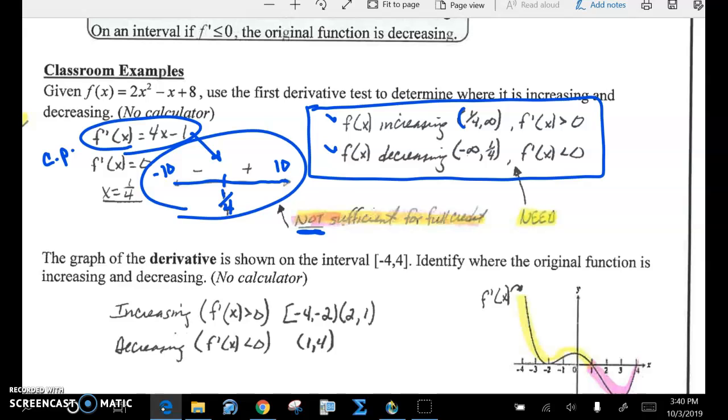Notice the open brackets, because at 1/4 it's 0. 0 is not positive or negative, so we don't know if it's increasing or decreasing, given the first derivative is greater than 0. Here it's decreasing from negative infinity to 1/4 because the first derivative is less than 0. This is the proof I expect to see on assessments and what they expect to see in May when they grade these things.